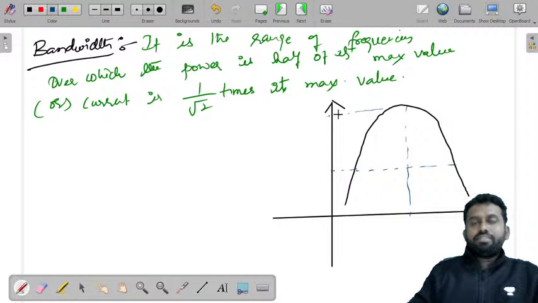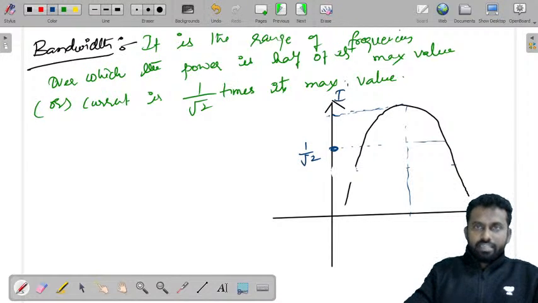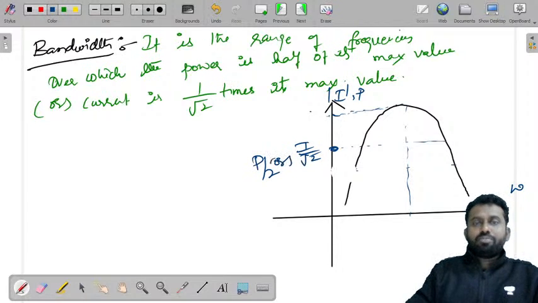At these values, this is 1 by root 2 times. At this point, if you take current versus frequency or power versus frequency, I here is I max by root 2, or power is P max by 2. Here P is P max, I is I max. What is I?